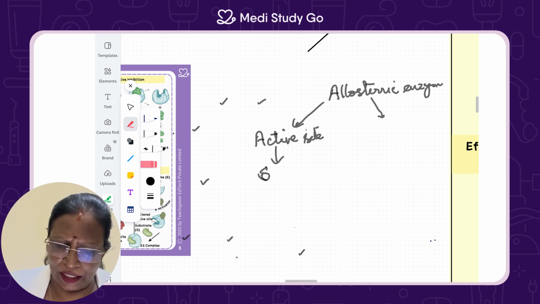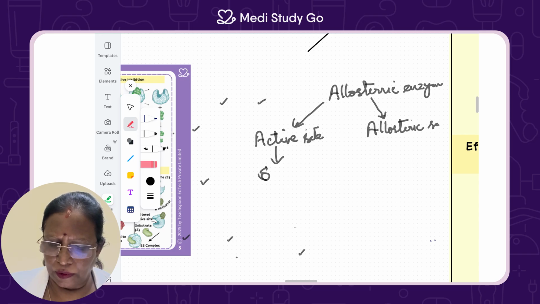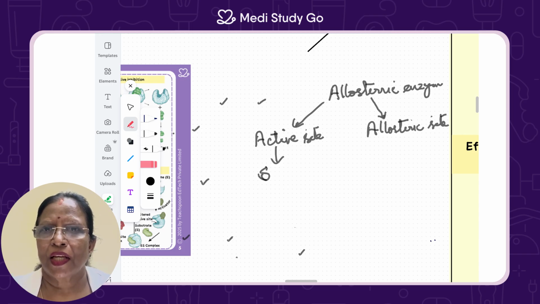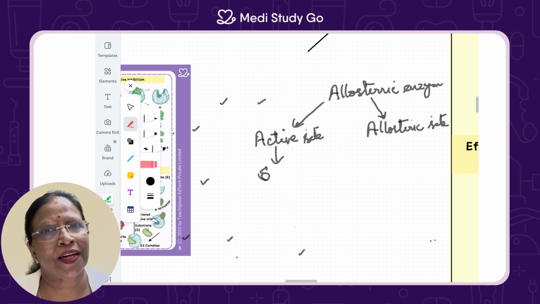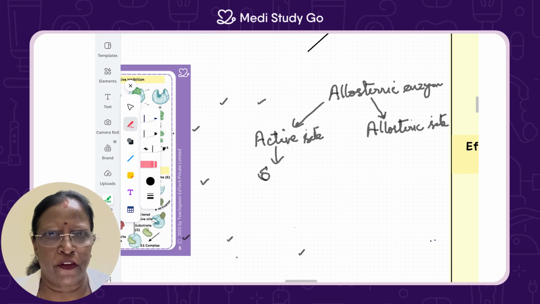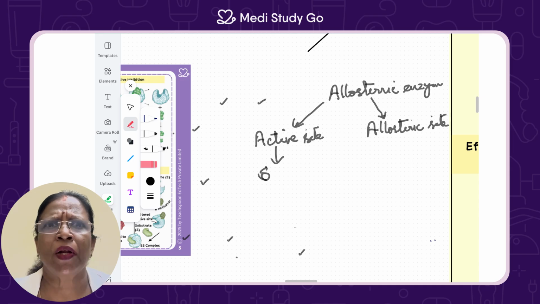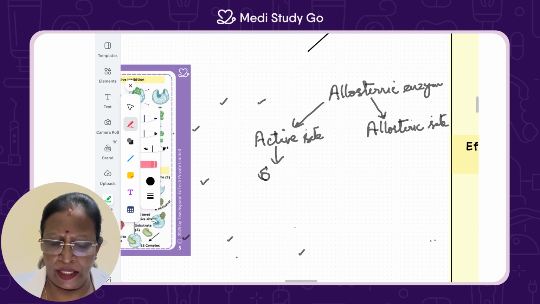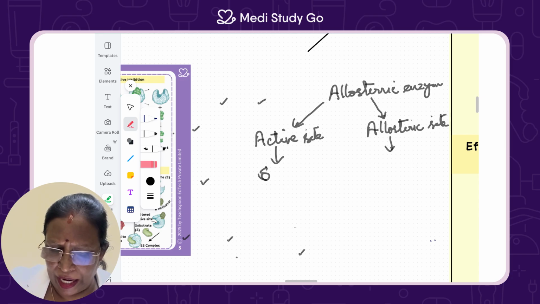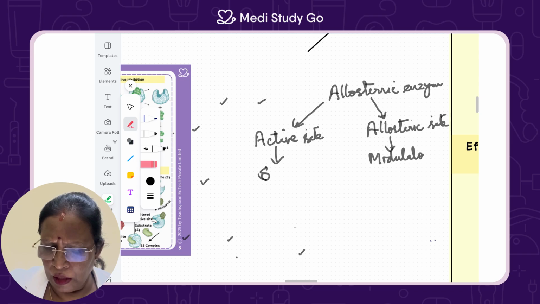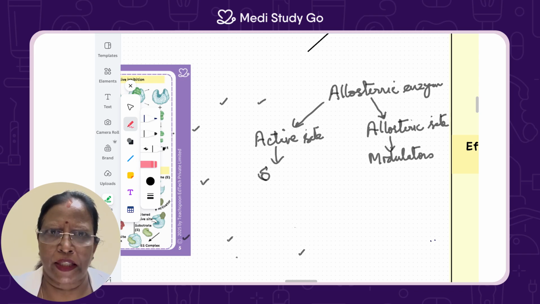The other site is called the allosteric site. The allosteric site is a site on the enzyme other than the active site. It is different from the active site. So substrate can never bind at the allosteric site. Substrate will always bind at the active site. At the allosteric site, molecules can bind and they are called modulators. There are two types of modulators.